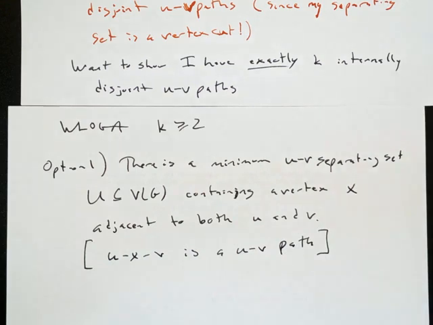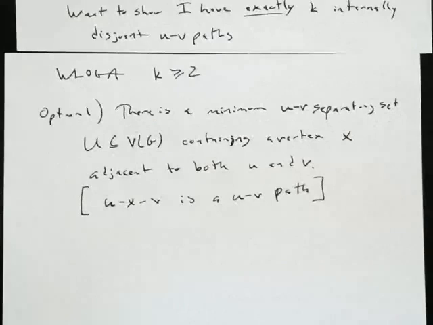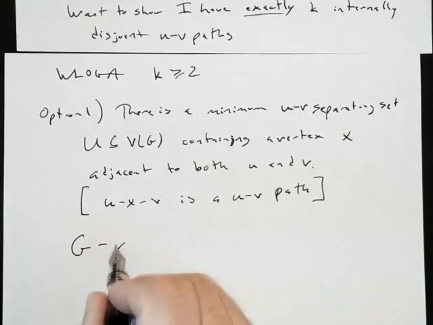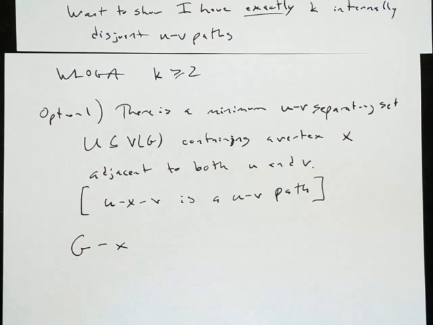Okay. Hang on a second. Let's take that vertex out. I have a smaller graph, don't I? I have fewer vertices. Not only that, I have fewer edges.